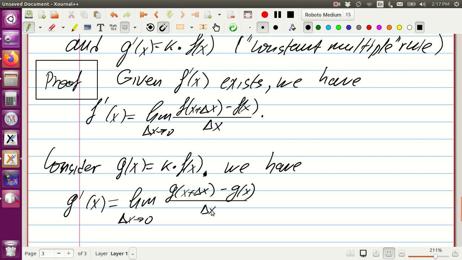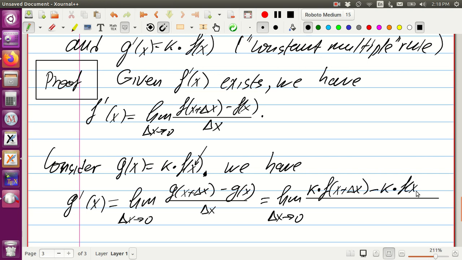So we use the definition. Now we're going to take this x plus delta x and plug it in for x. So we have the limit as delta x goes to 0, and we plug everything in. So we have k times f of x plus delta x. So we plugged x plus delta x into the g function. Then we put a minus, and we put g of x, and g of x is just k times f of x. On the bottom, we put delta x.